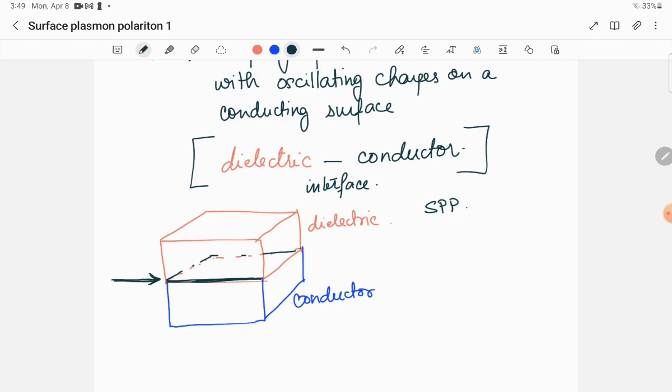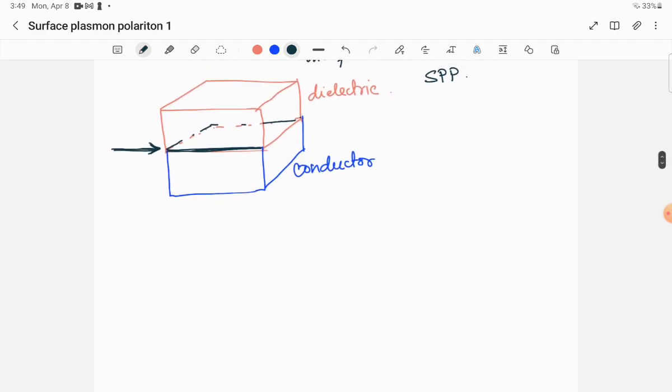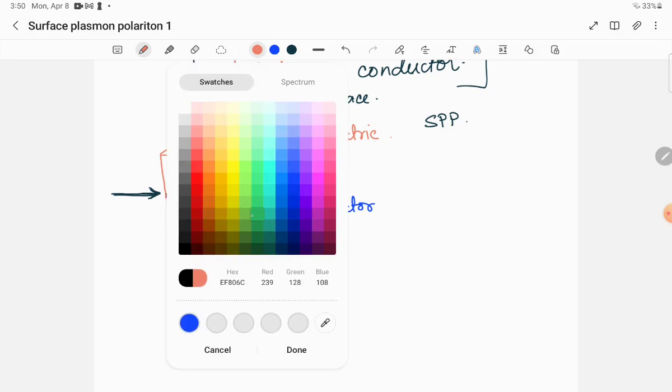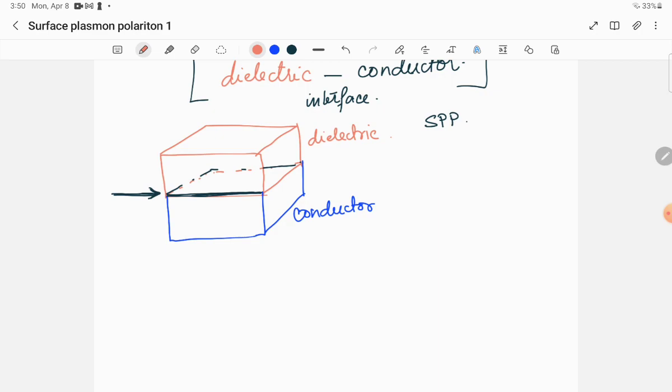Now for the electric field associated with this structure, I may draw the axis here. This is the x-axis, this direction is y, and vertically up is the z-axis.